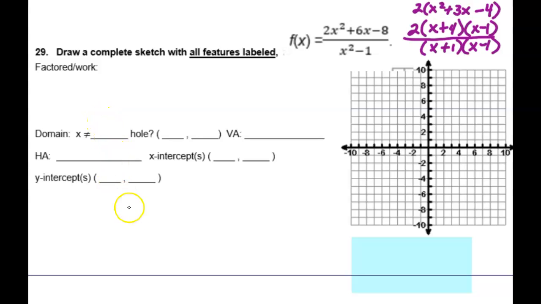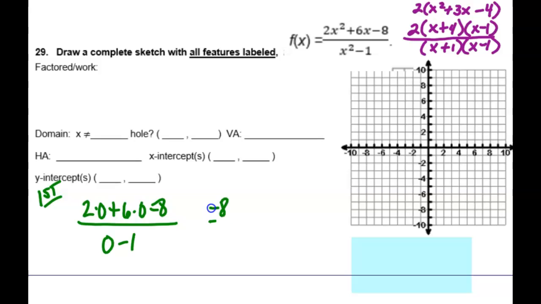So, domain, okay, what's the order on your sheet say? Before we ever factored, we were supposed to find the y-intercept. If we do that first, because we put in a 0, we'd get 2 times 0 plus 6 times 0 minus 8 over 0 minus 1, which is -8 over -1, or 8.